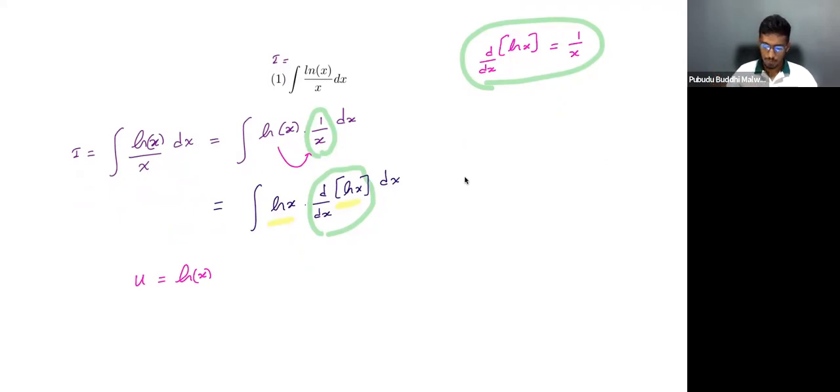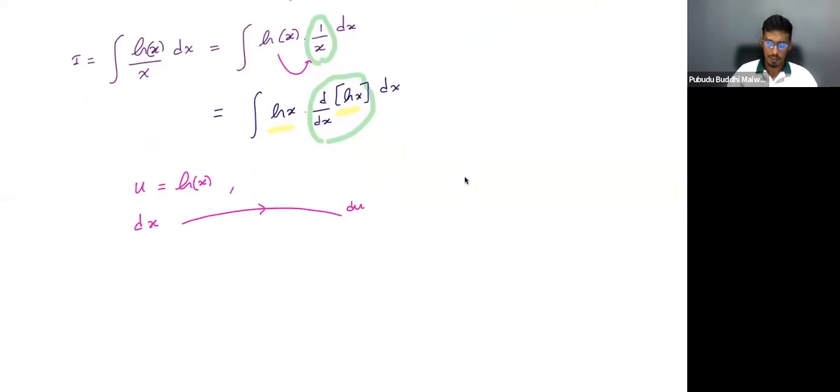So we should convert dx to du. To do that, we can differentiate both sides of this substitution, u equals natural log of x, with respect to x.